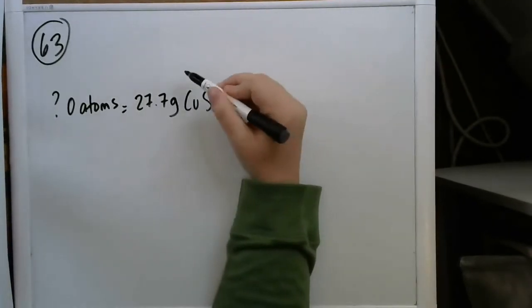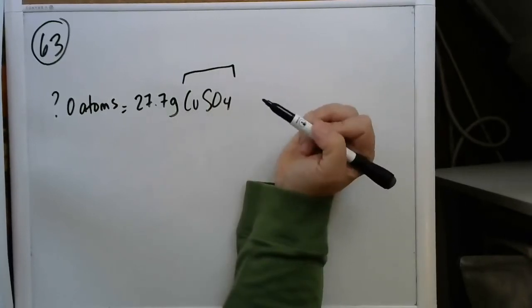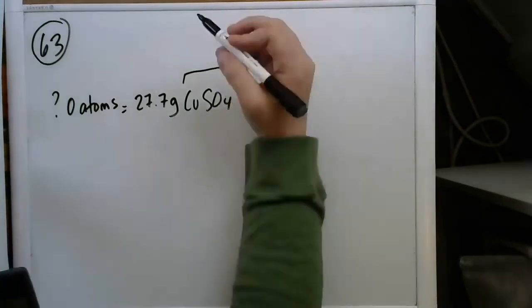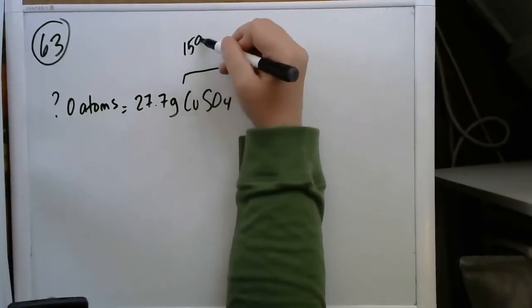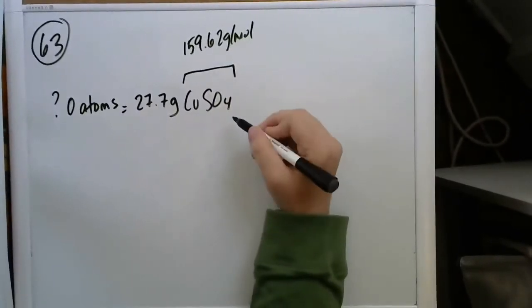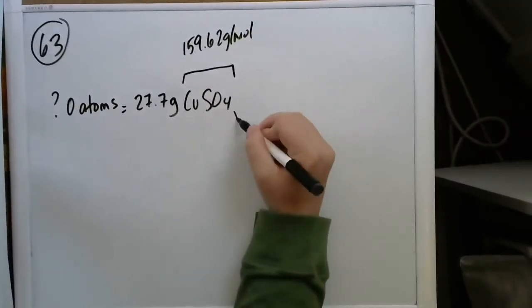Okay. First, I have to get a molar mass for my copper sulfate. So I'm going to add that up real fast. 63.55 plus 32.67. 16 times 4. Okay, so the first thing I'm going to do is convert the grams of copper sulfate into moles.